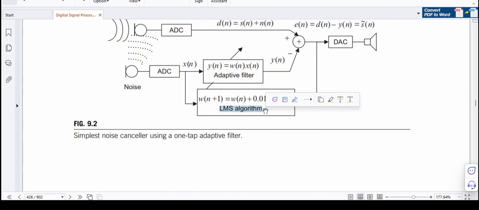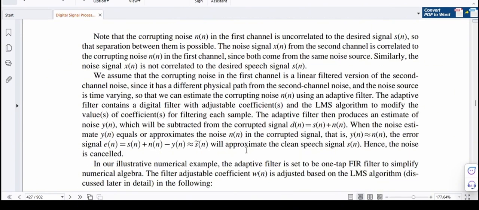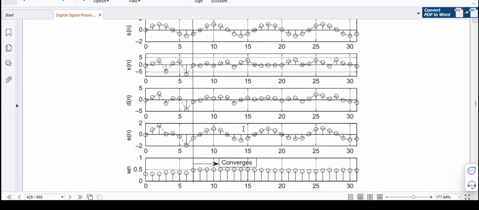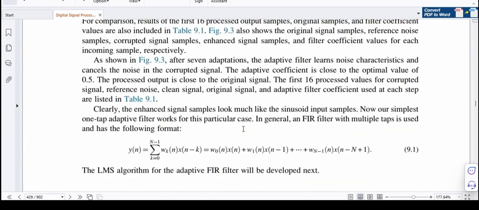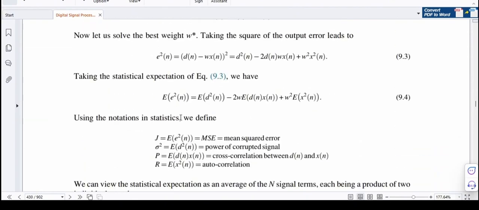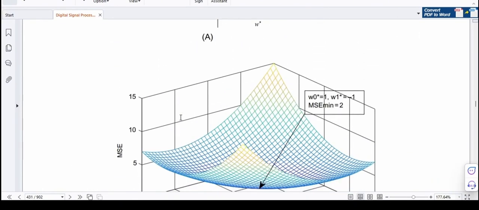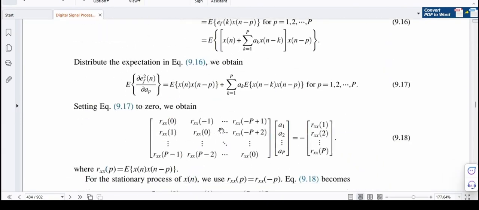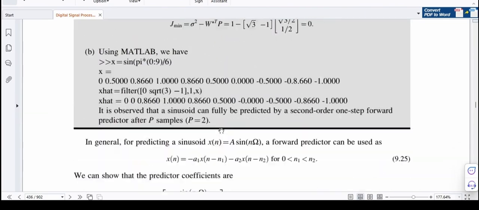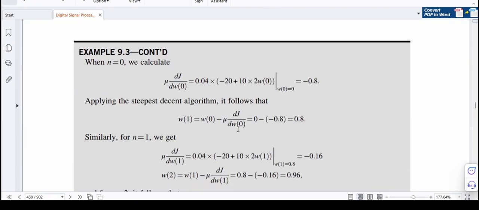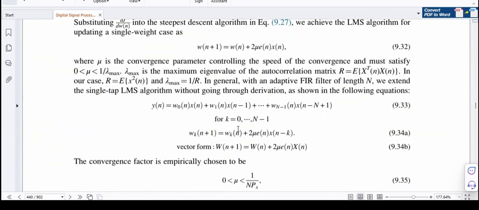This is all that we discussed earlier, so there is no need to discuss it now. This is about Wiener filter theory and adaptive algorithms that we discussed earlier. These are a few examples related to adaptive filters. And the last one is an algorithm that we discussed earlier, and this is also an algorithm.